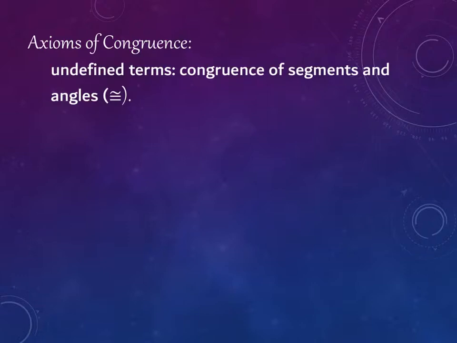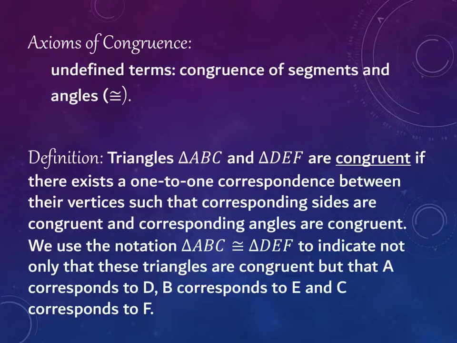We want one more definition before I start reading through them, and it has to do with talking about triangles. This is a really long one to write as well. We have two triangles, and they're considered congruent if there exists a one-to-one correspondence between their vertices, such that corresponding sides are congruent and corresponding angles are congruent.